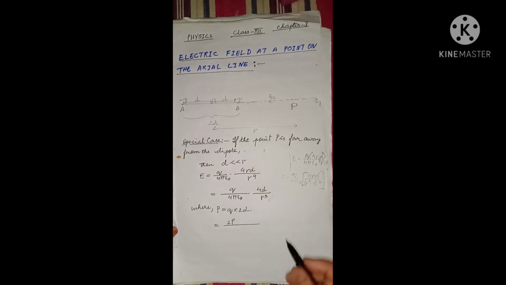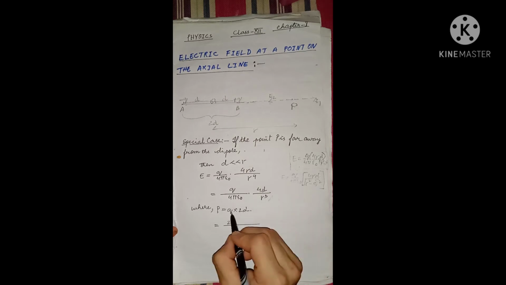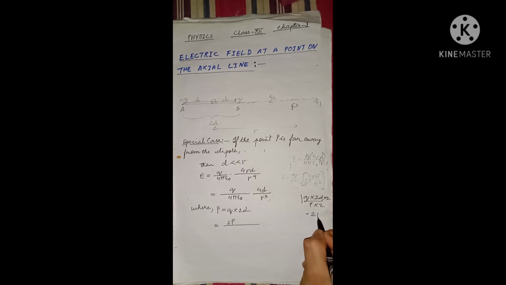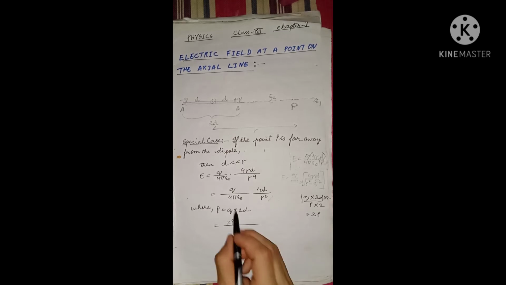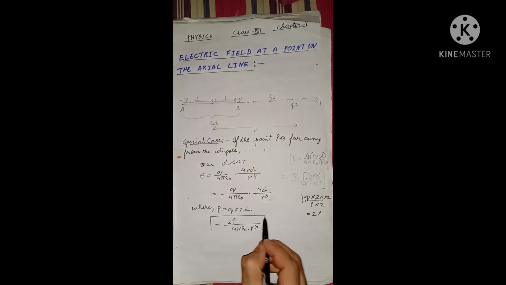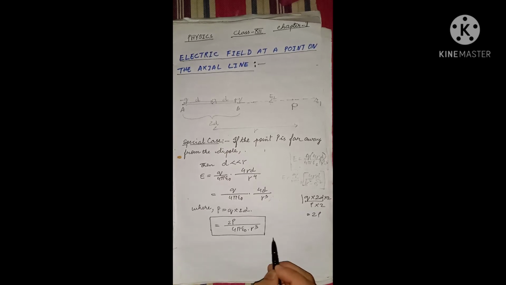How 2P? Because P is equal to Q twice D, so like this you can write down in rough work. Q into twice D into 2, so this one is P into 2, so it will be 2P. So 2P by 4 pi epsilon naught into R cube. This is the required expression. You need to note down.